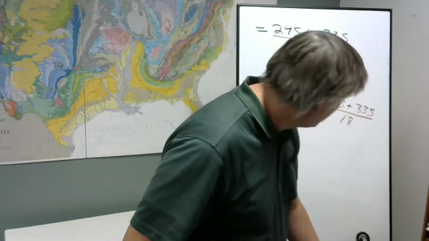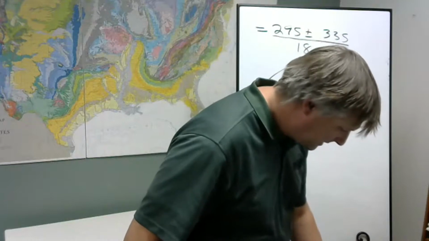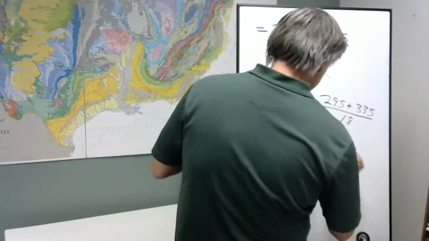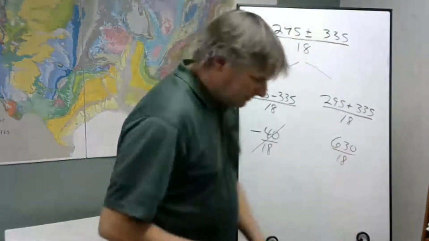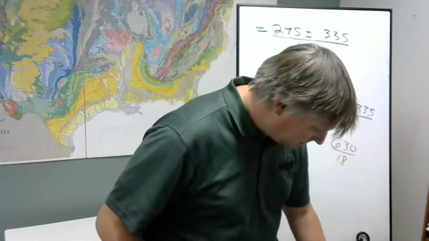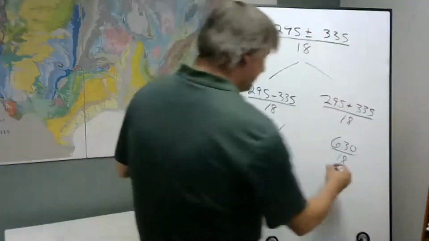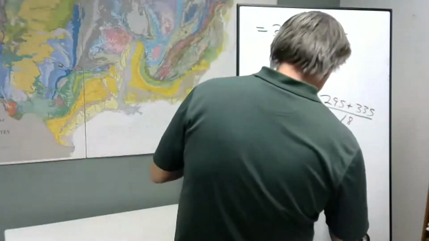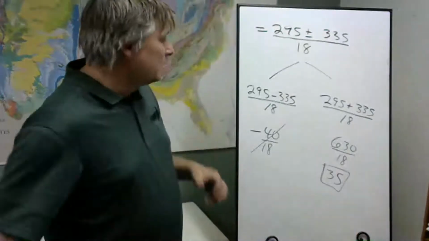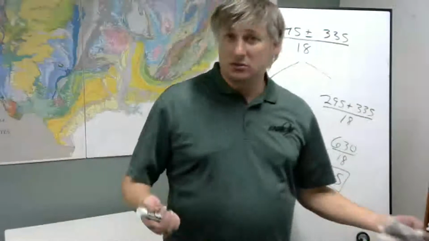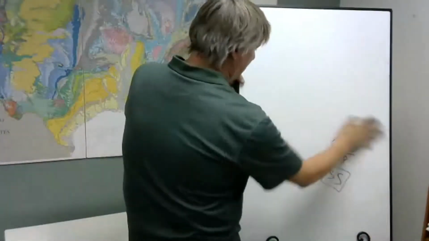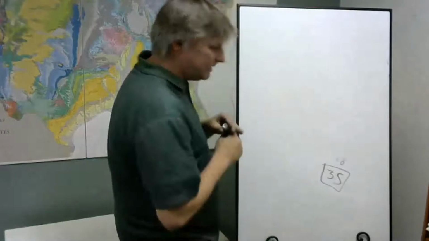295 plus 335, 630. Well, that's positive. That's a good sign. And we get 35. So that seems to be a pretty good, reasonable answer. Now that's just x. We just solved for x. And if you recall, x is engine 1.